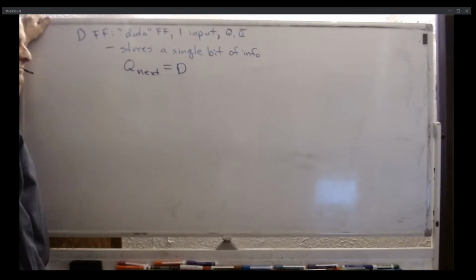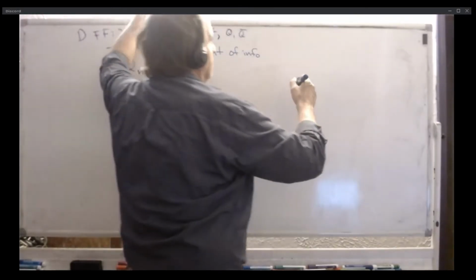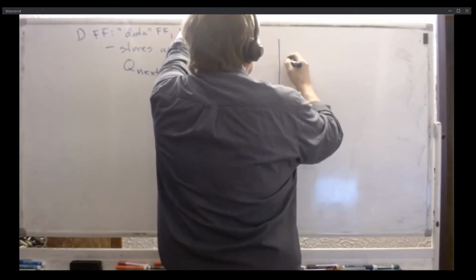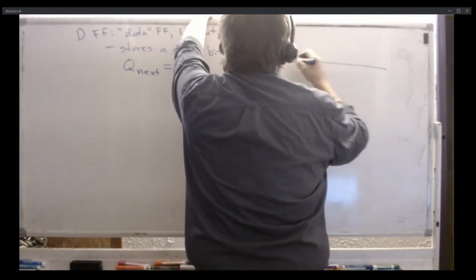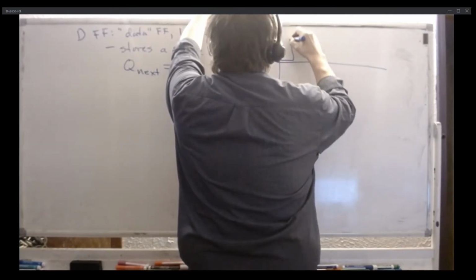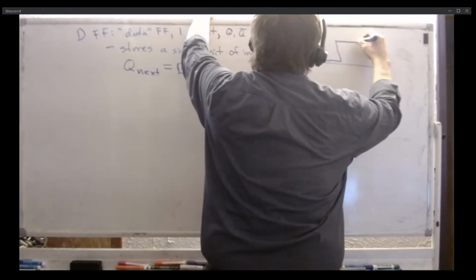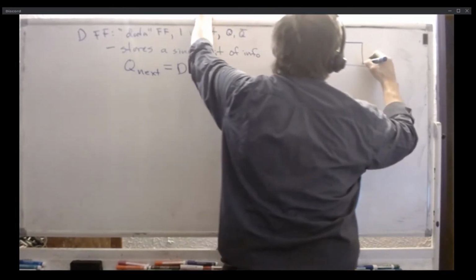Where does the clock signal factor into this? Well, if we do a timing diagram, right? We did a timing diagram, didn't we? So here's our clock. Normally, clock is a periodic waveform.